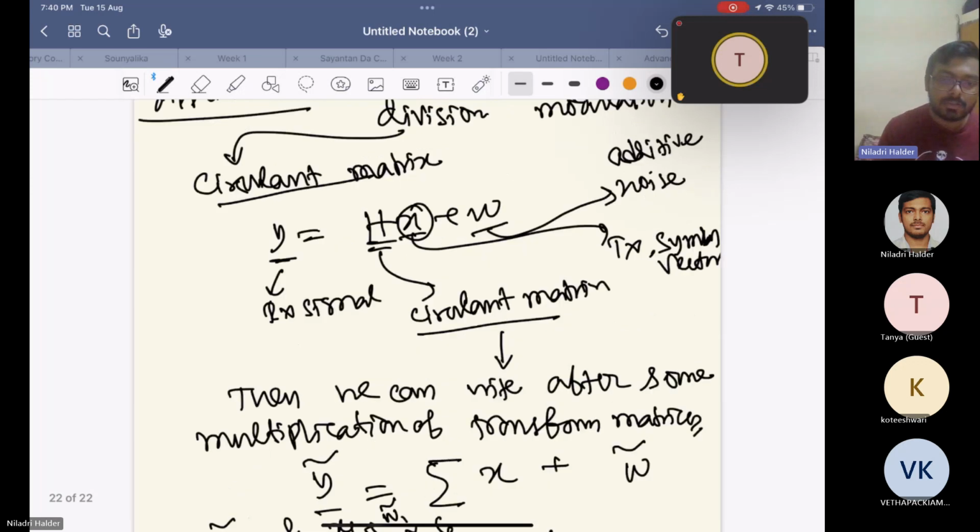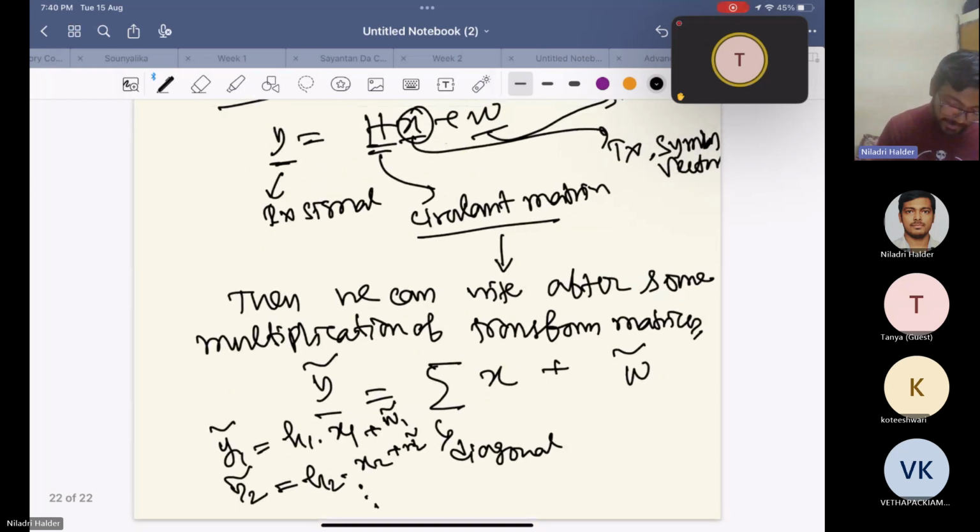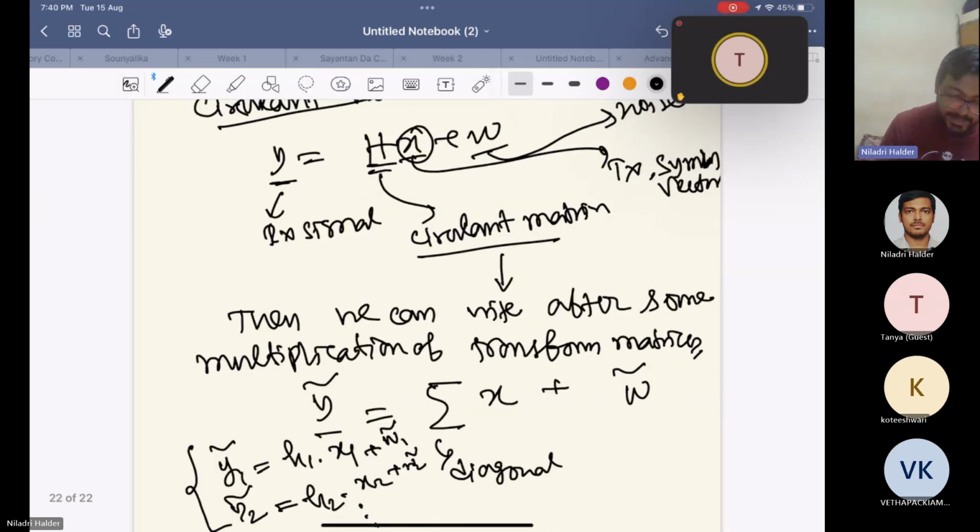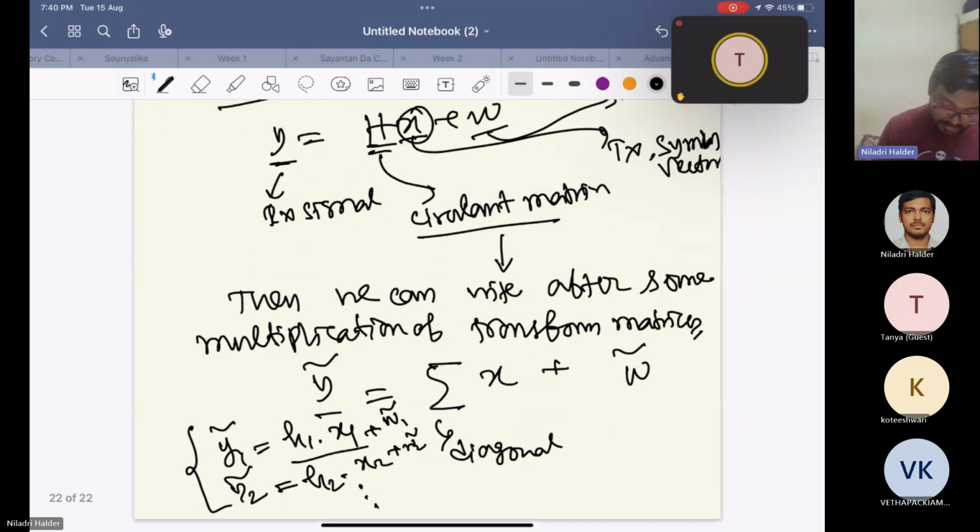This is called parallel channels. Finding x jointly would be difficult, but using these parallel channels we can find each element x1, x2 individually with less complexity. x1 depends on only one equation and x2 on only another, so we can find them easily.